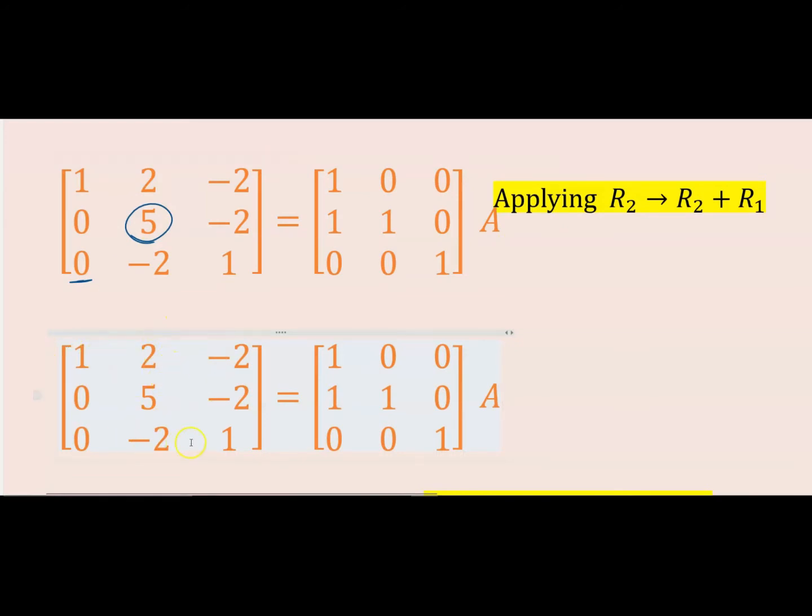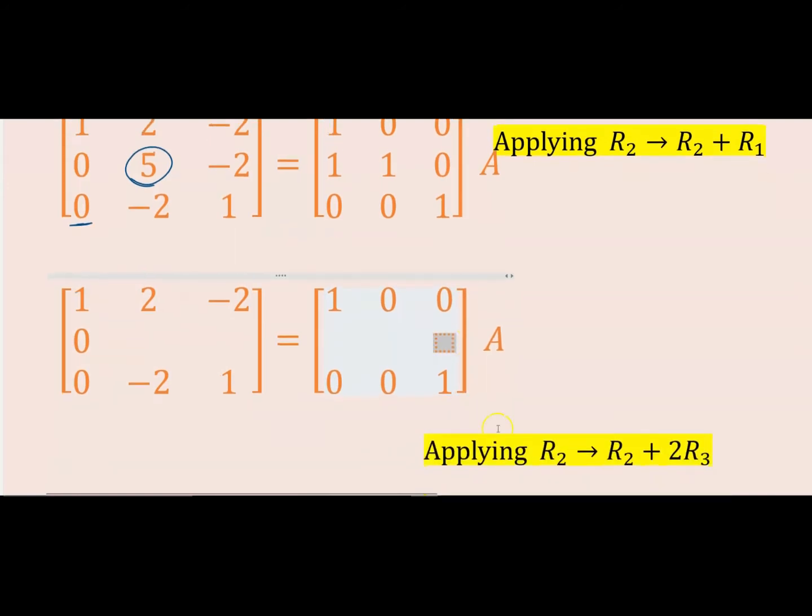The first and third rows remain as they are. When we apply the operation, only the second row will change, on both sides. So applying the operations: 0 plus 2 into 0, that is 0, and after that 5 plus 2 into minus 2, that will be 1.